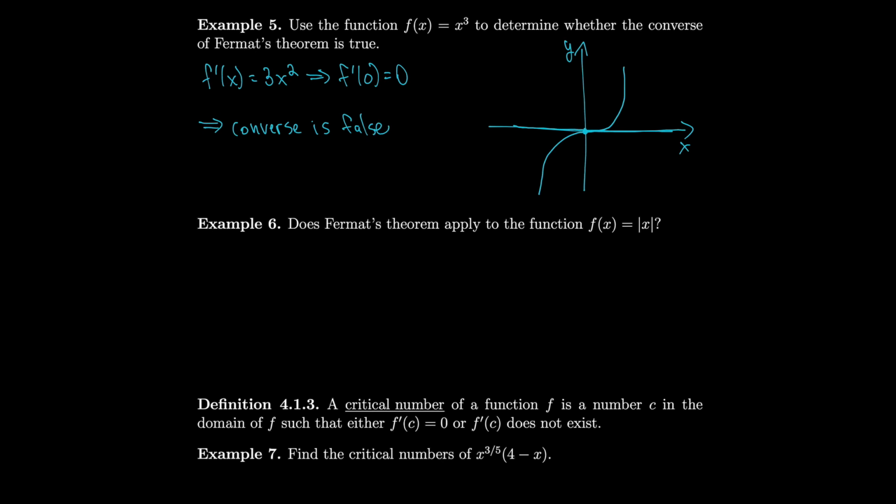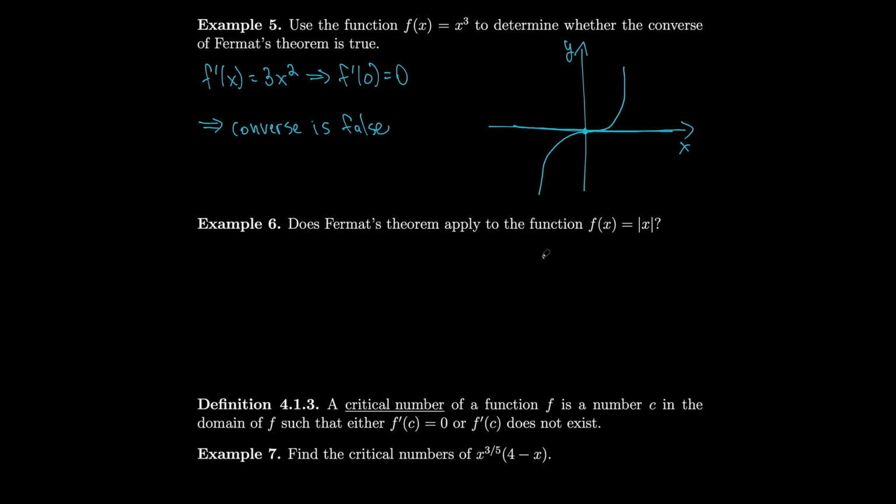What Fermat's theorem does tell us is that if we do have a local max or min, then that means that the slope of the tangent must be 0, provided that the slope of the tangent even exists. So another example of where stuff can go wrong is this function f of x equals absolute value of x.